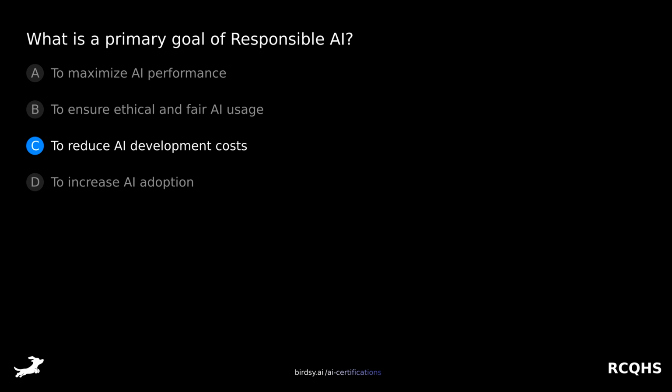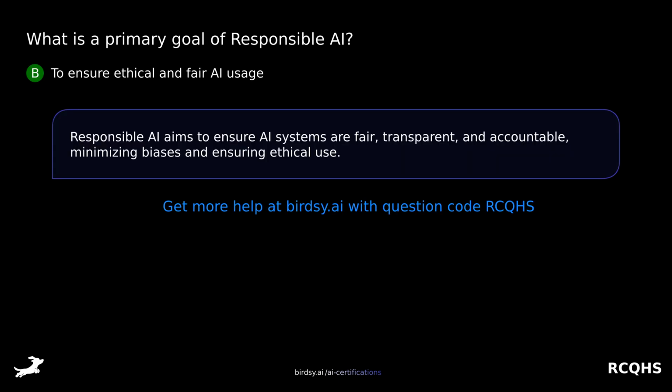C, to reduce AI development costs? Or D, to increase AI adoption? The answer is B, to ensure ethical and fair AI usage. Responsible AI aims to ensure AI systems are fair, transparent, and accountable, minimizing biases and ensuring ethical use.